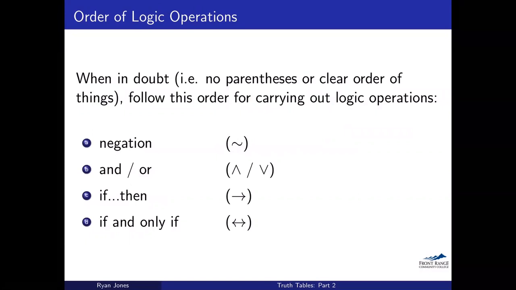You do them in this following order, top to bottom. So we always start with negations, and then we do ands and ors, and then we do if-thens, and then we do if and only ifs. So let's look at this in a couple examples.